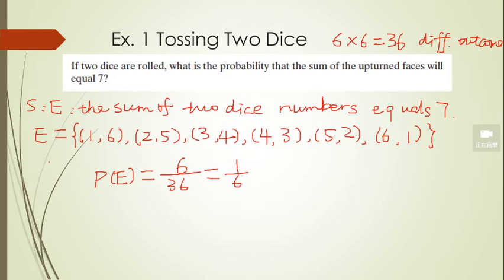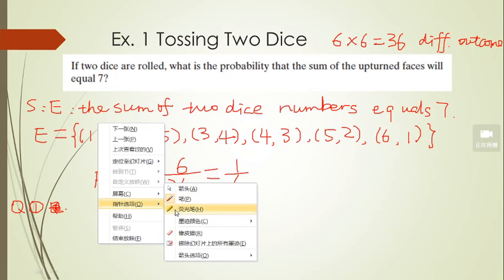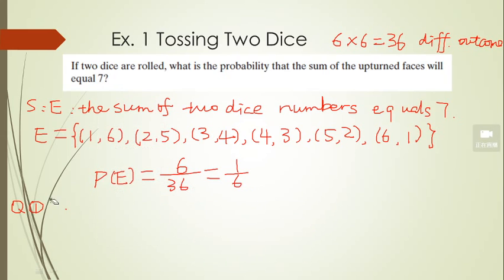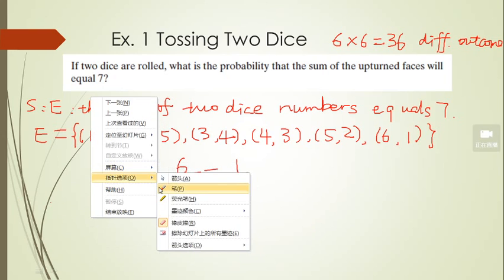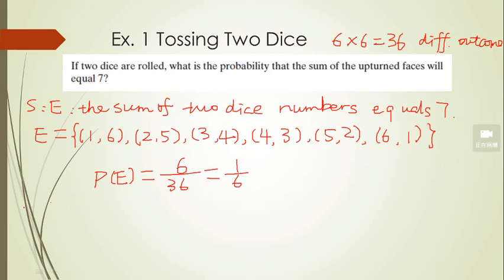And you can define several events to ask the probability. I can pop up several questions and ask the students to answer in a quick way. Just very simple, apply the formula P(E).